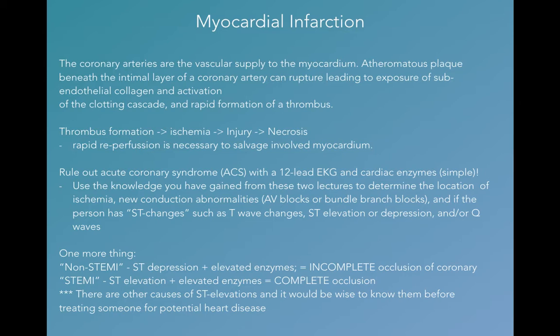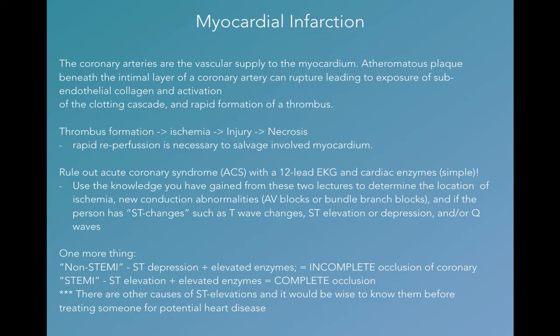So to rule out ACS, and I'll say ACS, acute coronary syndrome, is an umbrella term for unstable angina, non-STEMI, and STEMI. You can rule this out pretty quickly with a 12-lead EKG and cardiac enzymes. Now, you want to do serial enzymes over pretty much 24 hours. Every 6 or 8 hours, you can repeat the cardiac enzymes and look for trending.